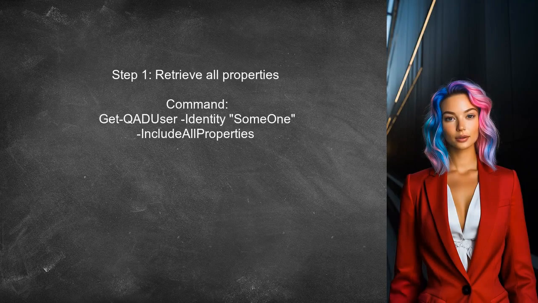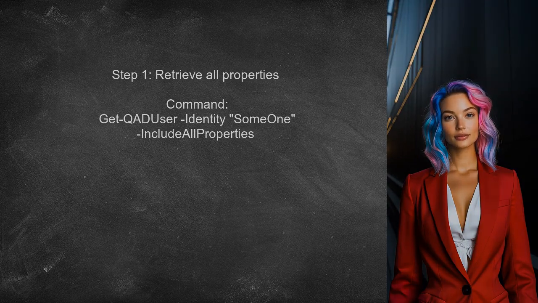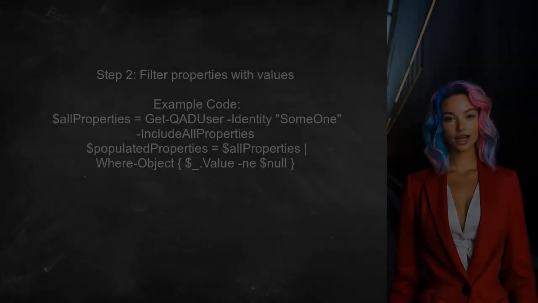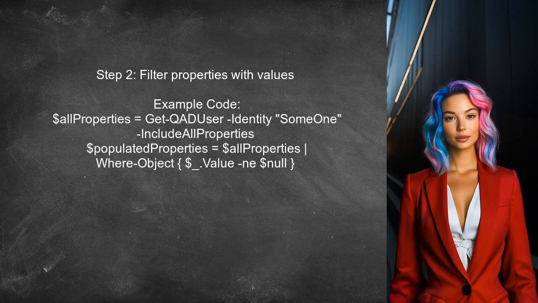To get properties that only have populated values, the user should start by retrieving all properties using the getQuadUser command. This command will include both populated and unpopulated properties. Next, the user can filter the results to show only the properties that have values.